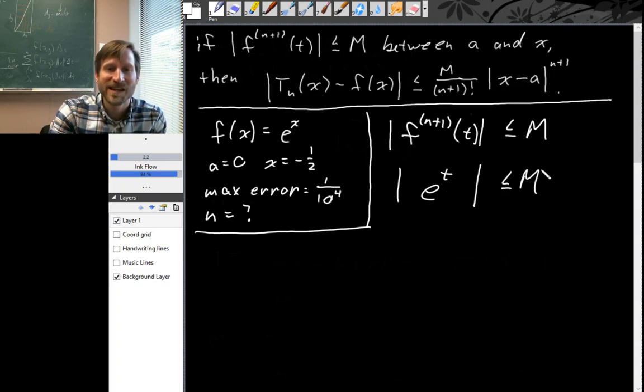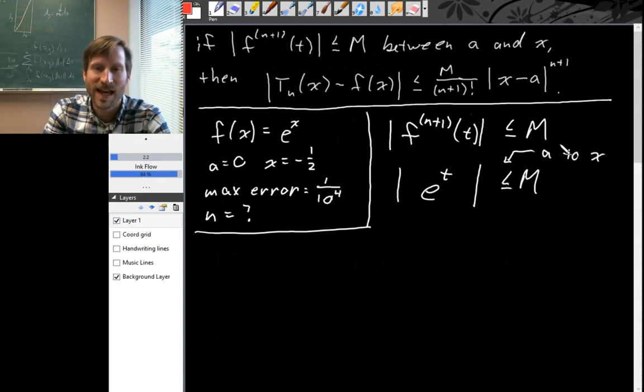And remember, we need this inequality to be true for t values from a, the base point, to x. And a is 0, and x is minus a half. So where is e to the t biggest between 0 and minus a half? Well, it's biggest at 0 because that's 1, right?